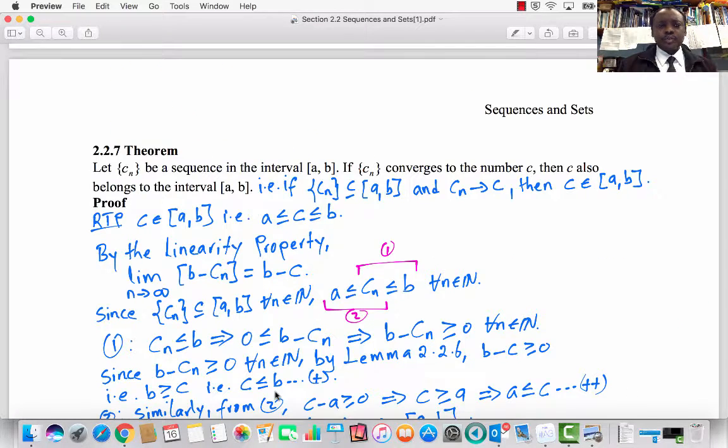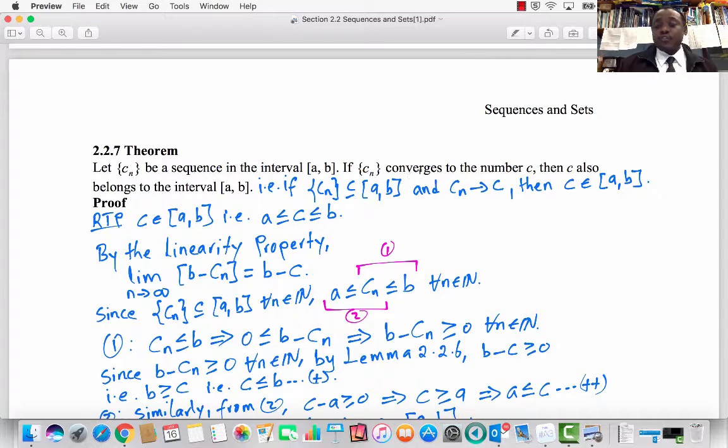Subsection 2.2.7 theorem. I actually love this theorem. Let Cn be a sequence in the closed interval AB. I just used that word closed very loosely. And you probably already know by now that this interval is called a closed interval. Well, I'm going to take you to another level of the definition of a closed interval before we get done with this section.